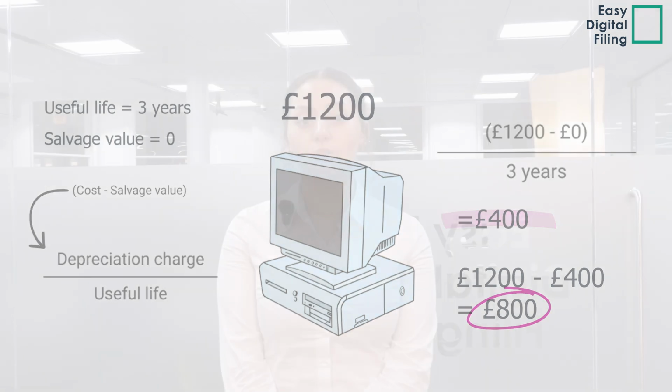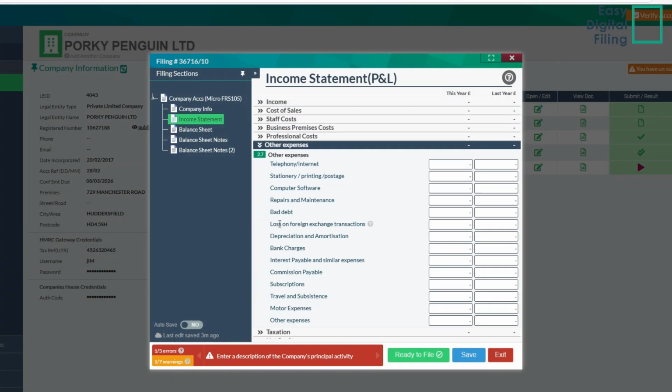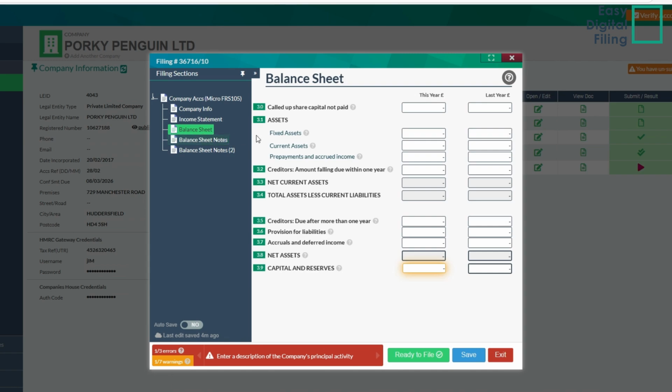Therefore, in your accounts, in your profit and loss statement, enter £400 under other expenses in the depreciation and amortization section. Within your balance sheet, enter £800 in fixed assets. Now on your CT600, remember, depreciation is a disallowable expense for tax purposes.